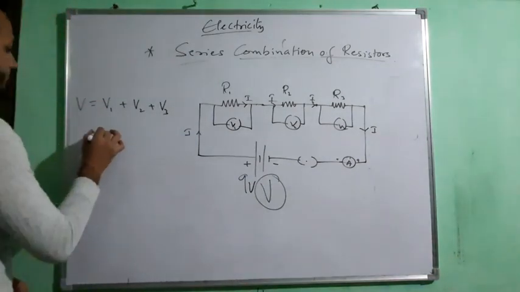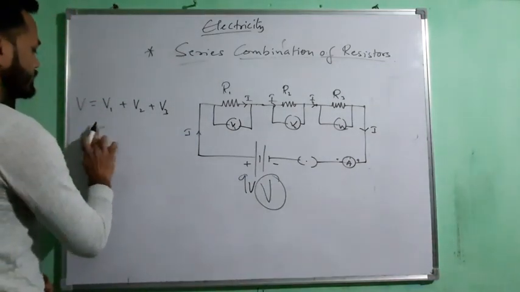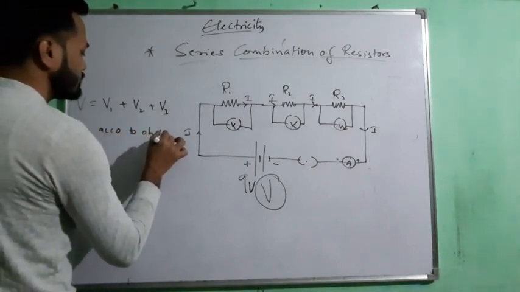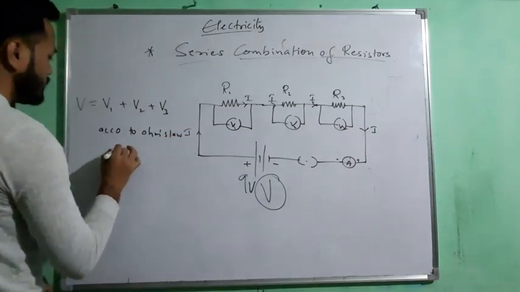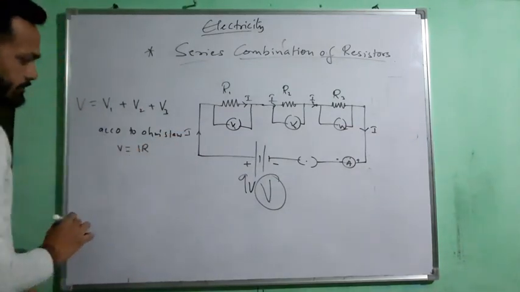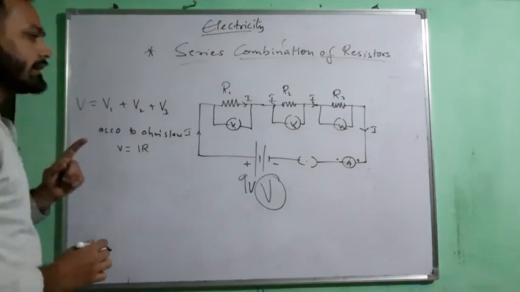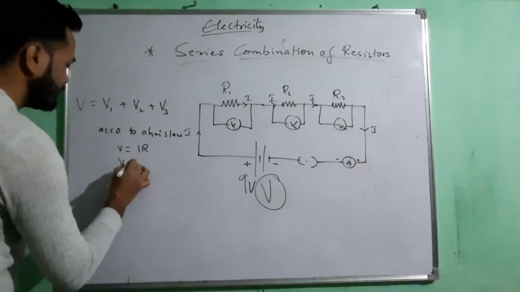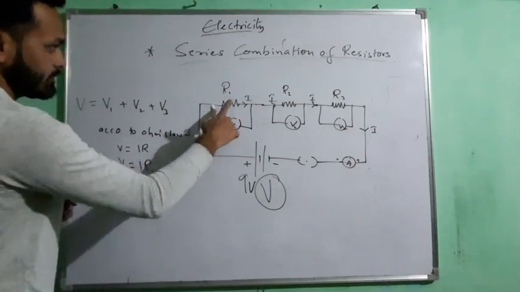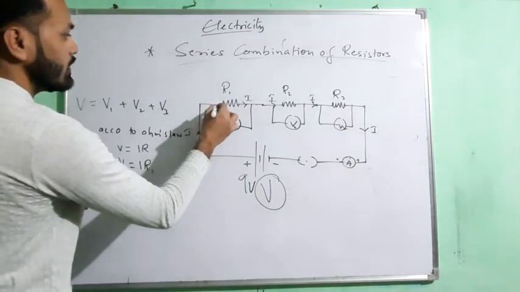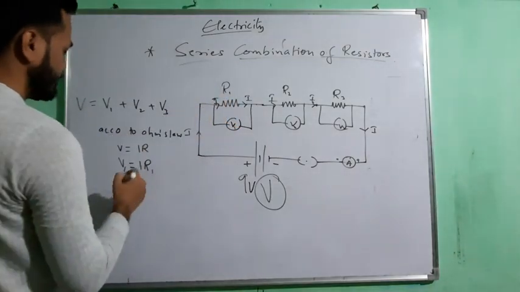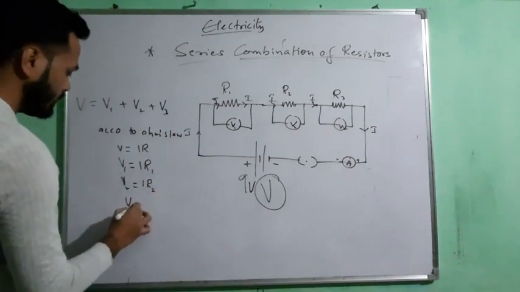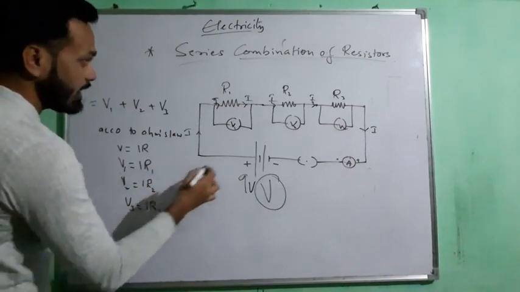Now, we know Ohm's law. According to Ohm's law, V is equal to IR. Similarly I can write the equations for V1, V2 and V3. V1 is equal to I R1, V2 is equal to I R2, and V3 is equal to I R3.